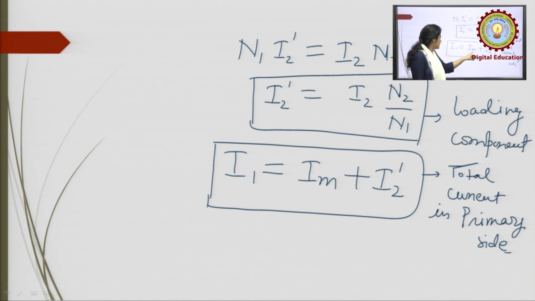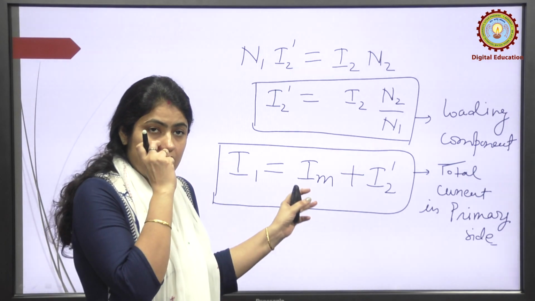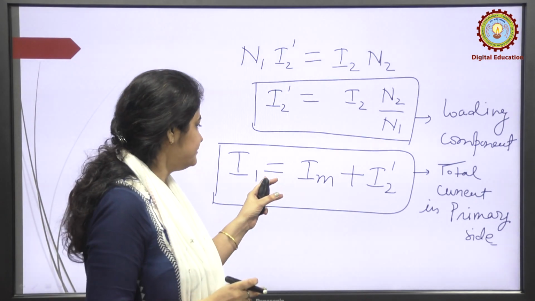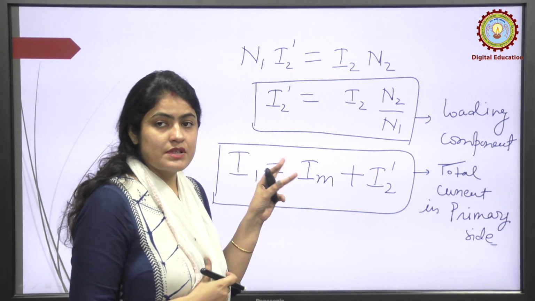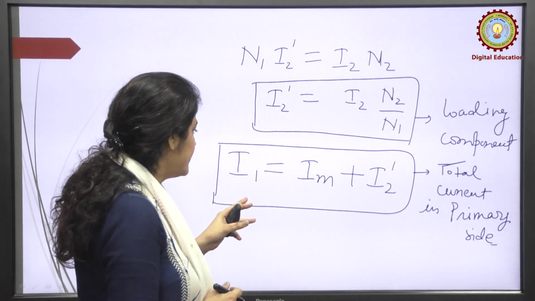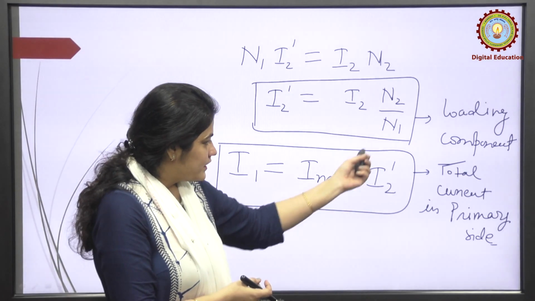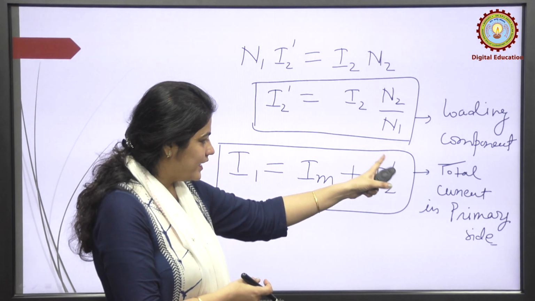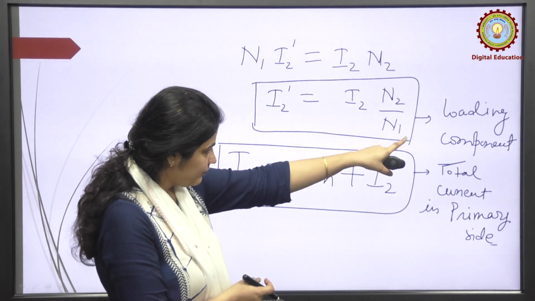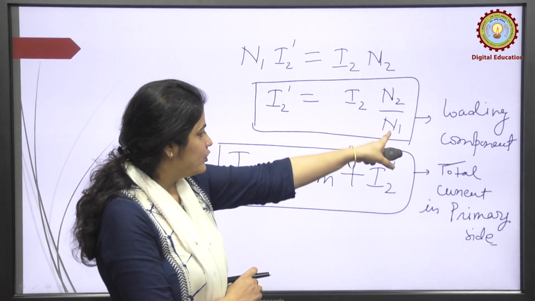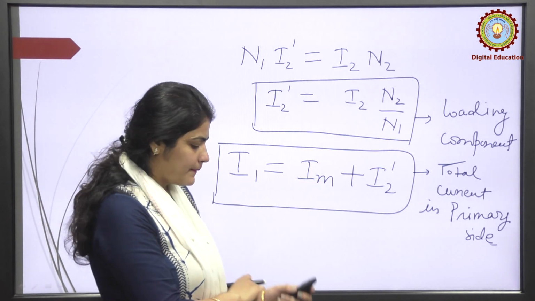So this is the total current flowing in the primary side when the switch S is closed. And this Im is the magnetizing current, which is very small in comparison; in the case of an ideal transformer, you can say it is 0. And I2 dash is the load component, and it is equal to I2 N2 by N1. Okay.